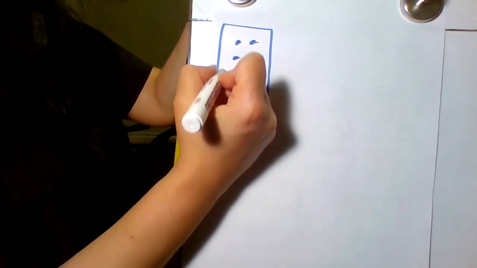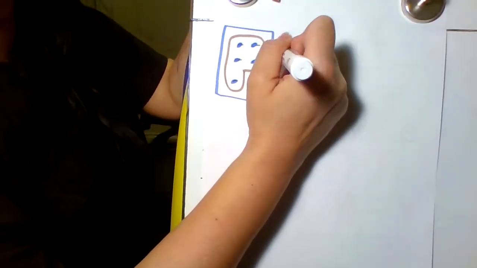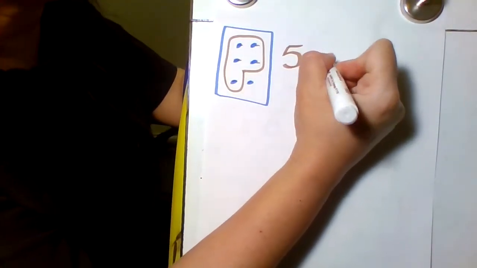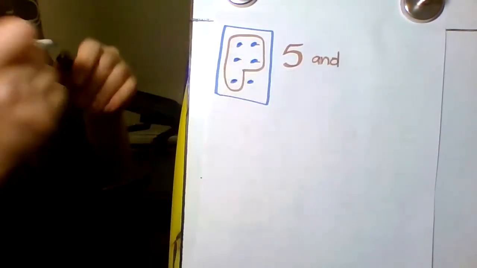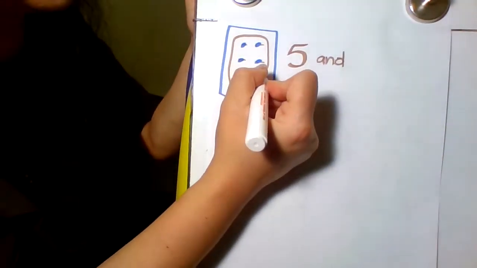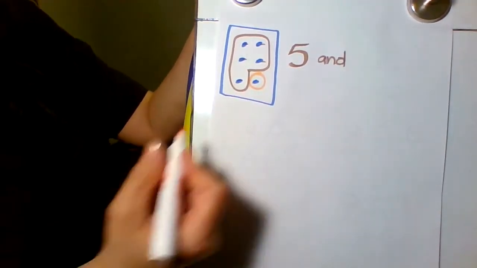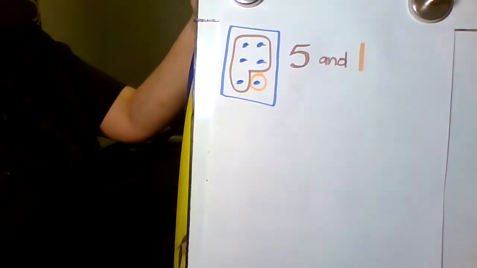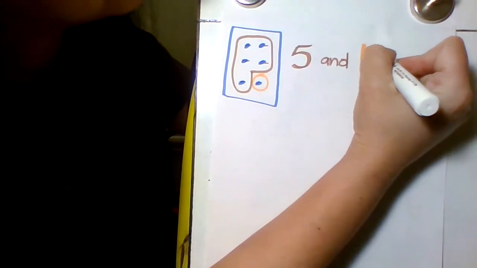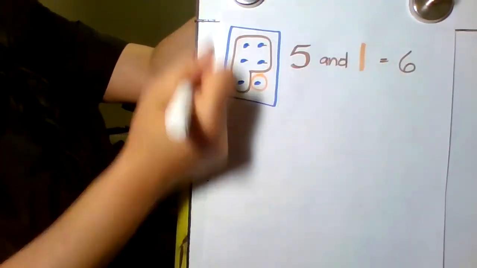Awesome. There it is. 5 and, there's that word and that we learned. 5 and, what's left there? 1. 5 and 1 more is the same as 6 altogether.